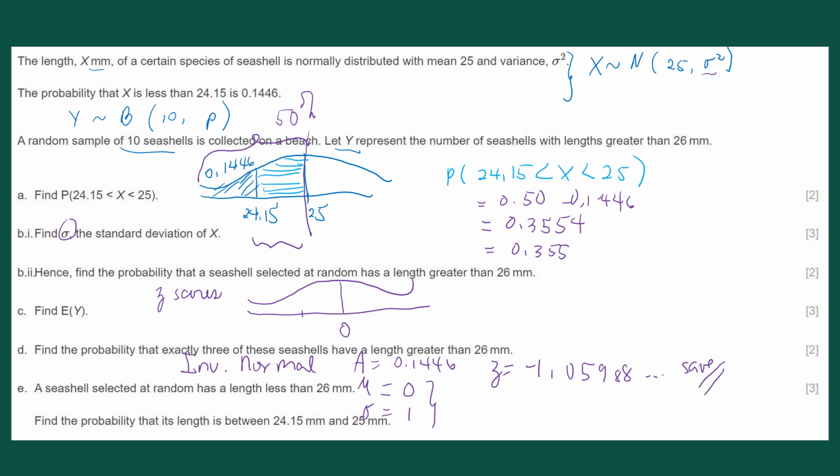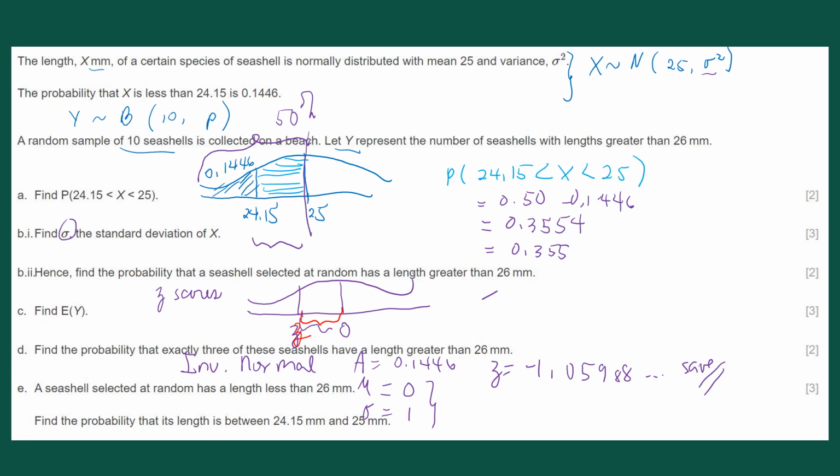Now, let's use the normal CDF. So the normal CDF will be from this point where your Z is up to this point. So from Z to 0.